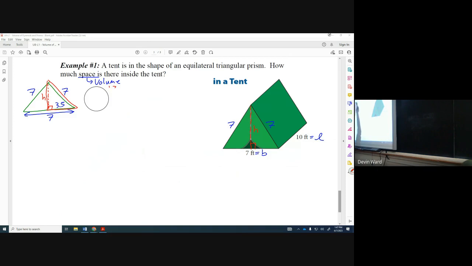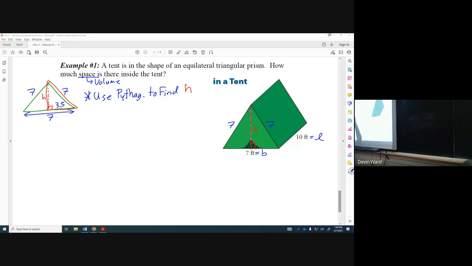Actually, let's just jump right to the numbers. So I'll have 3.5, let's say first, use Pythagorean theorem to find h.